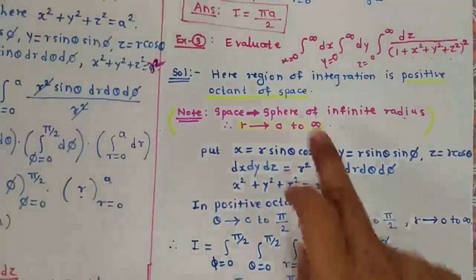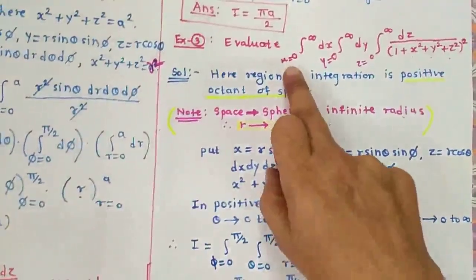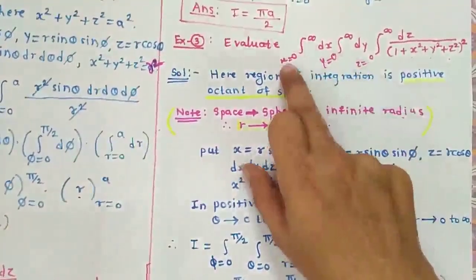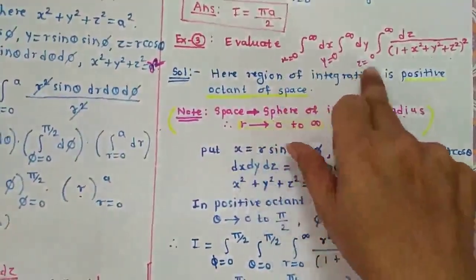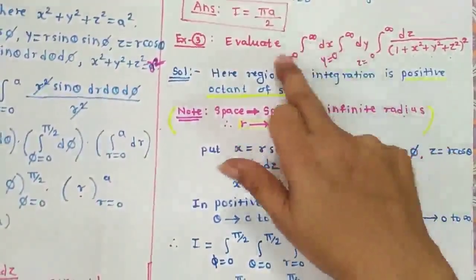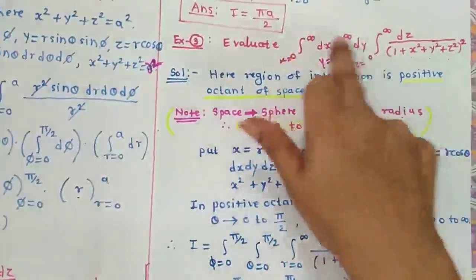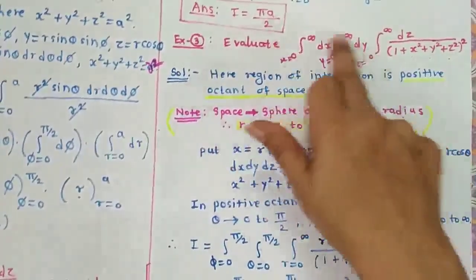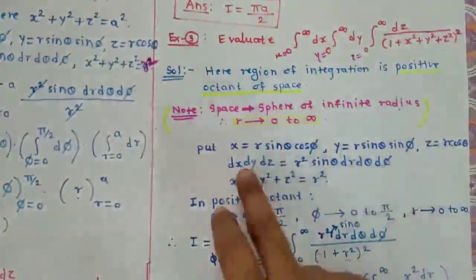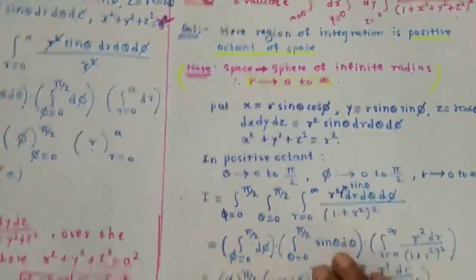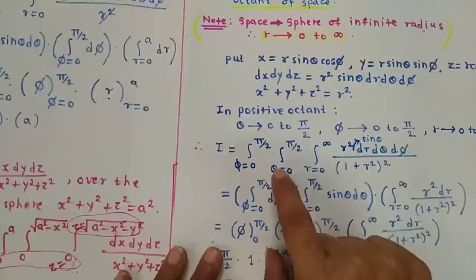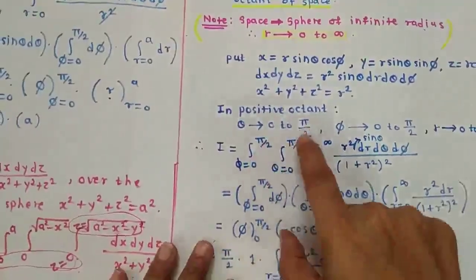For that, let us observe all lower limits. Here the lower limits of x, y and z are 0. That's why our region of integration is the positive octant of the sphere. And in the positive octant, we take the integration 1 times, where theta and phi vary from 0 to pi by 2, 0 to pi by 2.